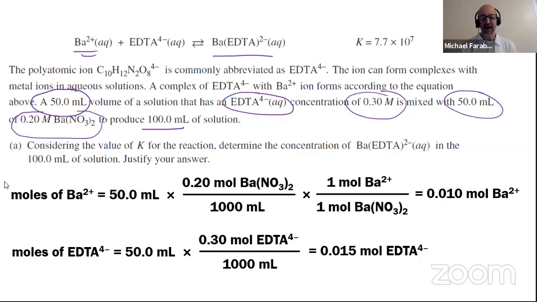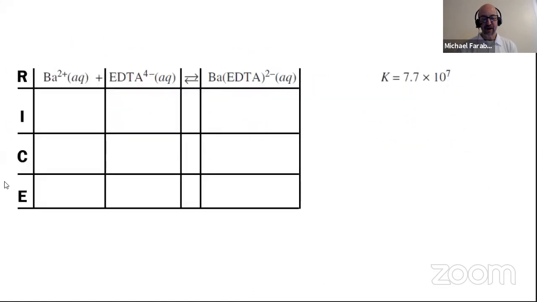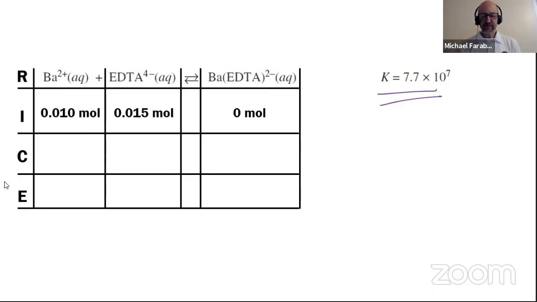Now here I'm going to go down the wrong path just to show you what some students did in solving this question on the AP exam. What they did was they set up a RICE table. So again, we are ignoring the large magnitude of K for the moment and doing a traditional RICE table. I already calculated the moles of barium and the moles of EDTA.